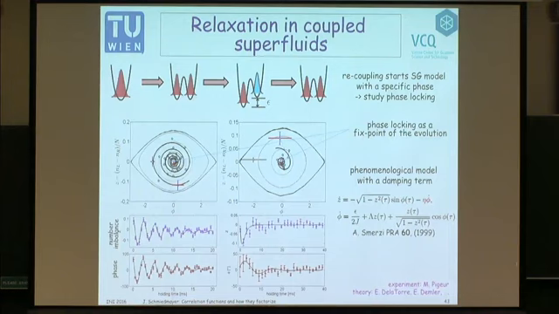Now, the basis of the sine-Gordon model is that the symmetric and antisymmetric modes don't couple to each other, so this tells you that there's some coupling. Now, this is again an harmonic trap, so it might have to do with the trap. We can look at it, and there's a very simple phenomenological model, not for the two coupled 1D systems, where you add some kind of damping, and if you do that, you can describe it.